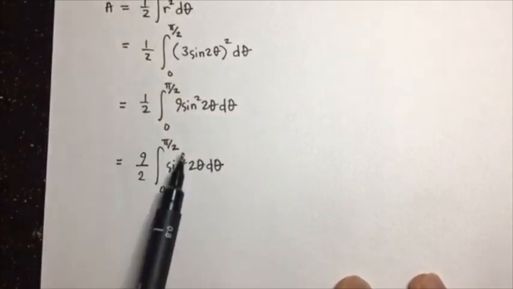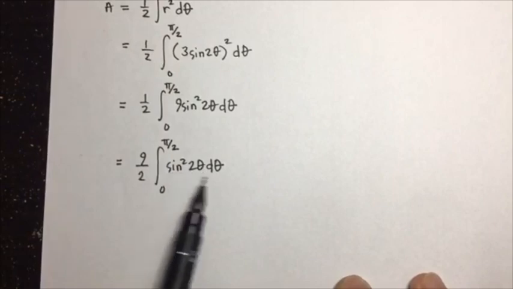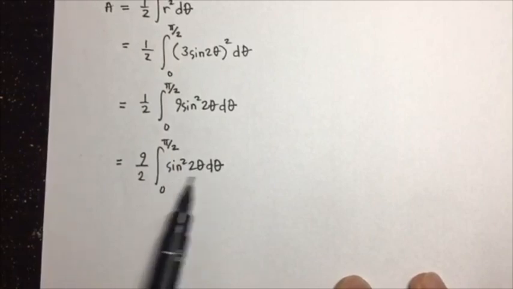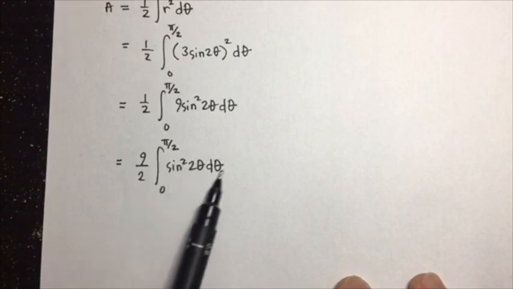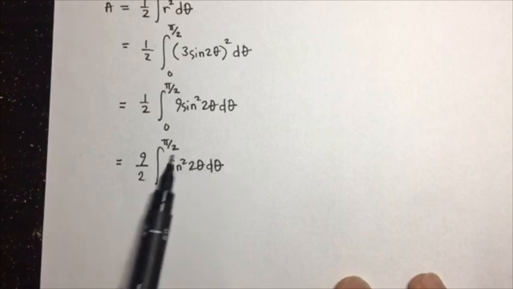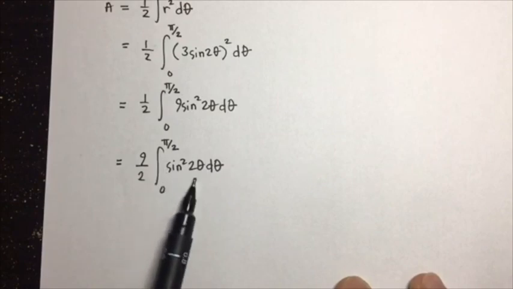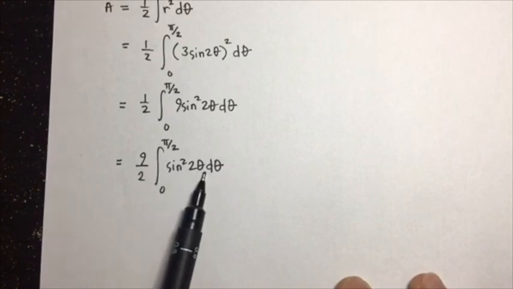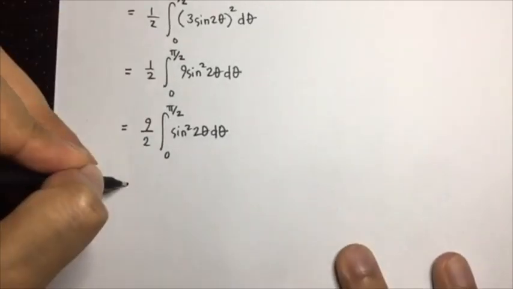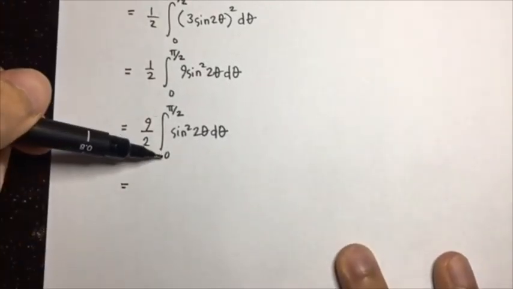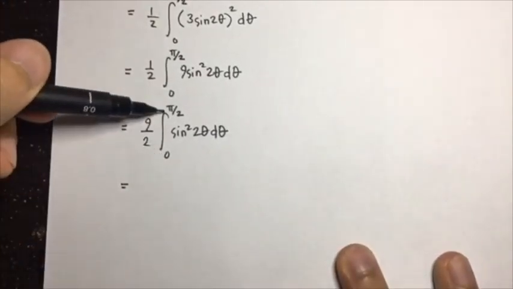In this case, you can use trigonometric transformation. This is case 4, I think. You can substitute the identity for sine squared 2 theta, or we can use the Wallis formula since our limit is from 0 to pi over 2.